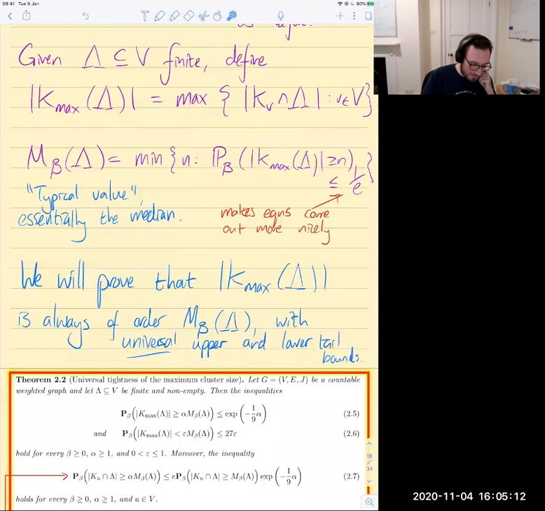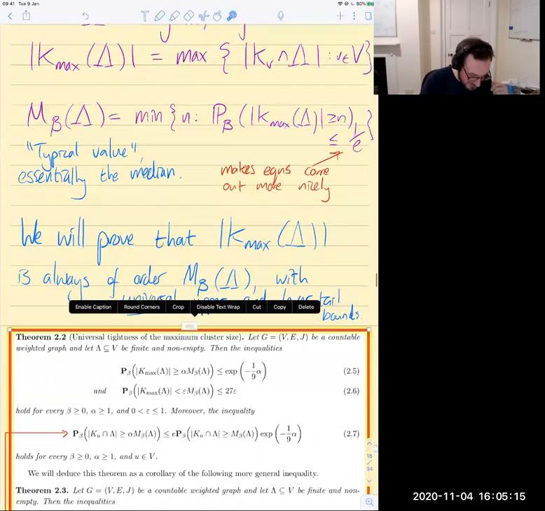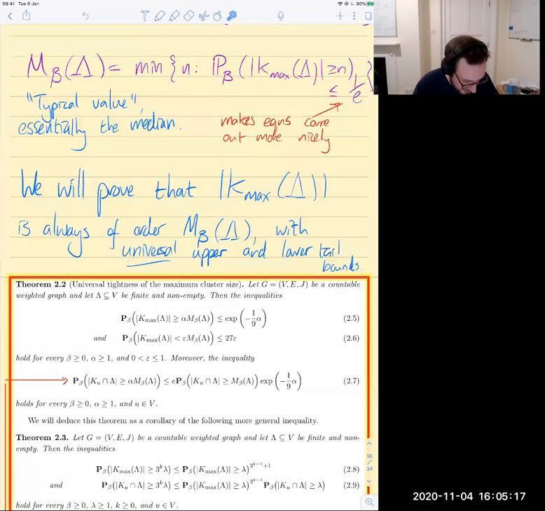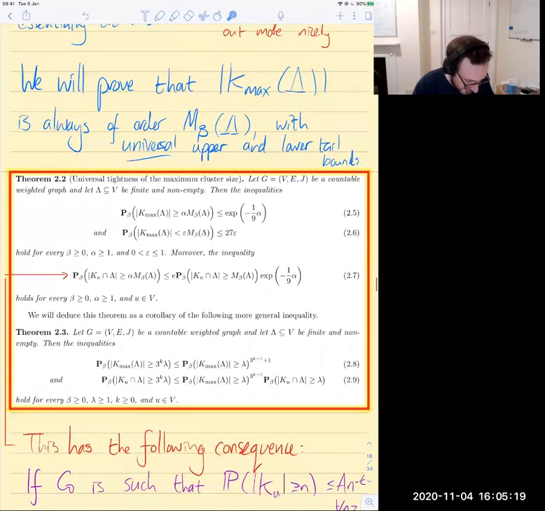Okay. And so I've copied this theorem in. What it says is that if I take any graph and any lambda, I have these universal inequalities, with all the constants completely universal.